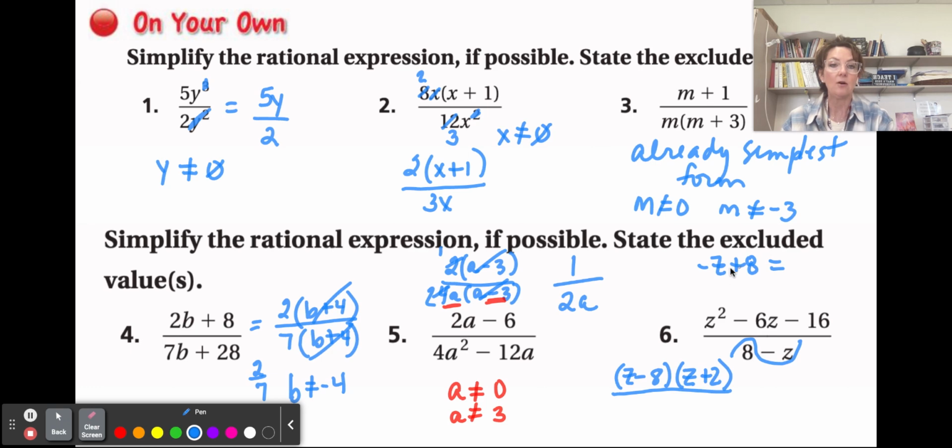Now I can factor out a negative 1, and I have z, because it was negative, now it's positive, and then positive 8 goes to negative 8. Now the factors I can cancel are here. Now I'm basically taking the opposite of z plus 2. So I get negative z minus 2 as my simplified form.